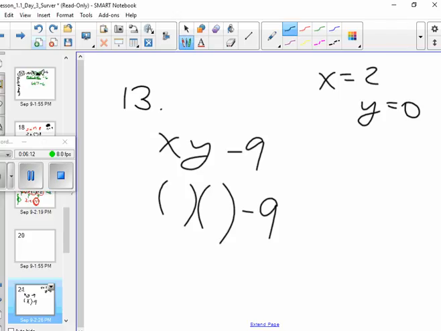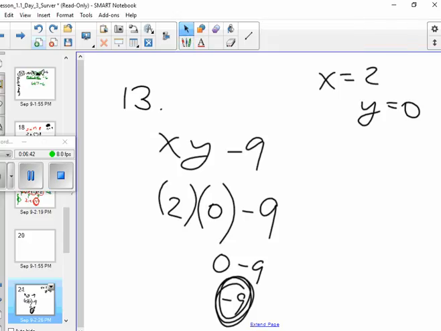Oh, okay. Perfect. Now, that's not 20, though. Now it's 2 times 0 minus 9, and then times comes before minus, so what do we got? 0 minus 9, what do we got? -9. Okay.